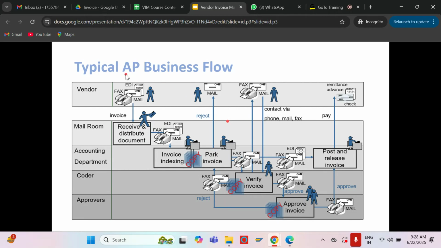AP is nothing but accounts payable. You might know that accounts payable is a sub-module on the SAP side where we take care of the accounting part. In accounts payable, we process and post the invoices.